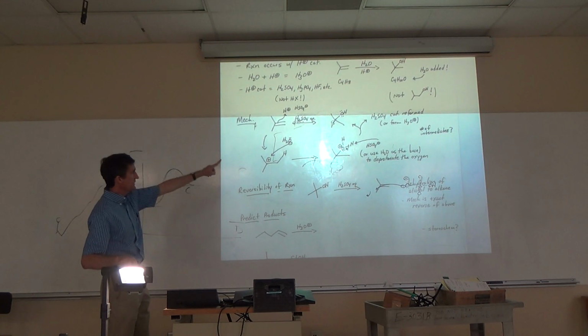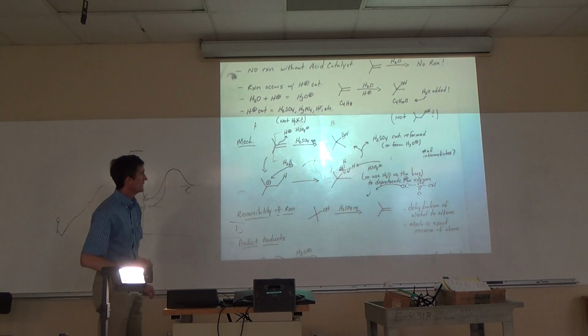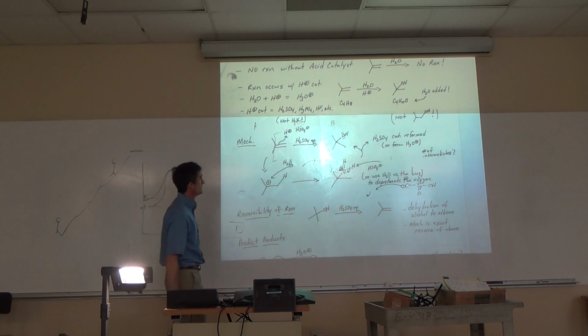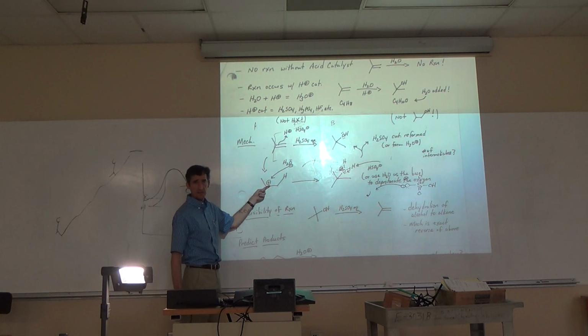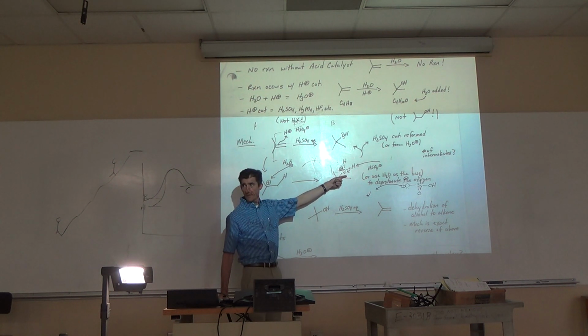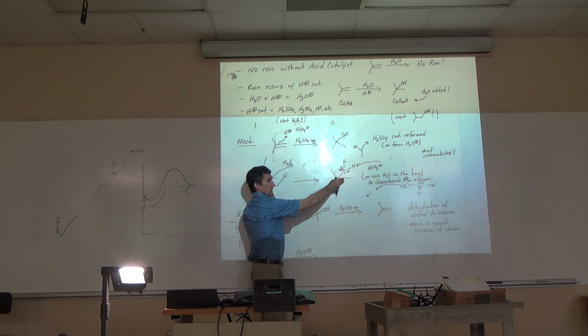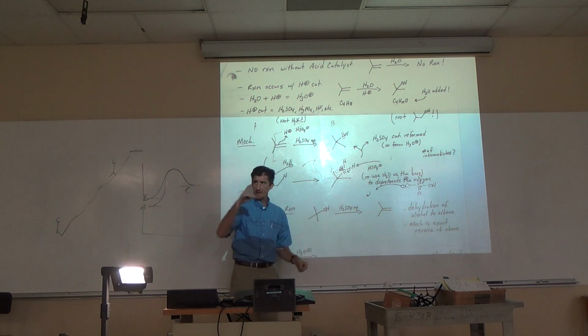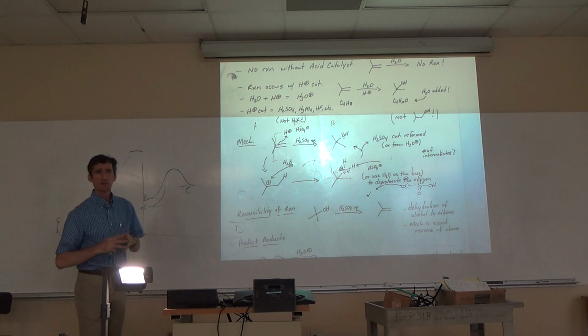How many intermediates in this mechanism? We have a carbocation. And then we have this species, which is an oxygen cation. Two different intermediates. These would have their discrete energy levels on a reaction coordinate diagram.